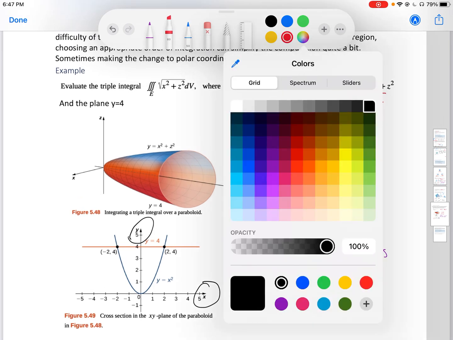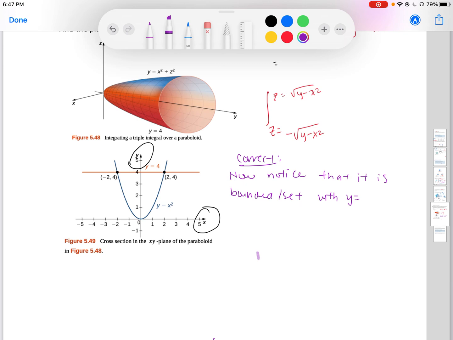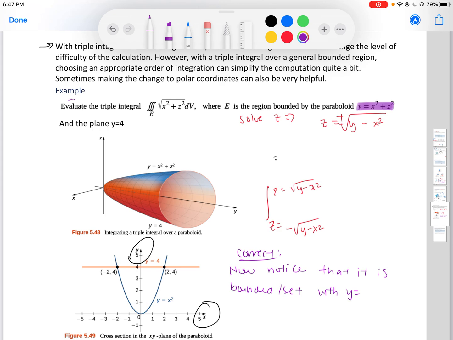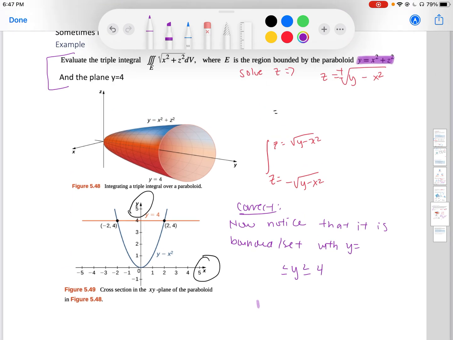You have y equals, right? So maybe it might be best to write your integral in terms of y first. And if we do, then we see that your equation is telling you that this is part of your question, that's also bounding it over the plane y equals 4. So your bounds for y are between 4 and your paraboloid, which is x squared plus y squared plus z squared.